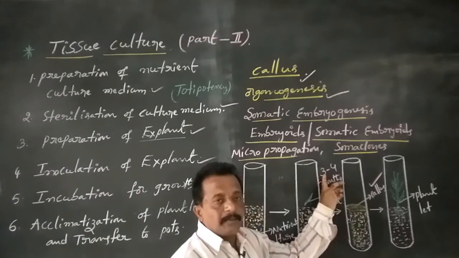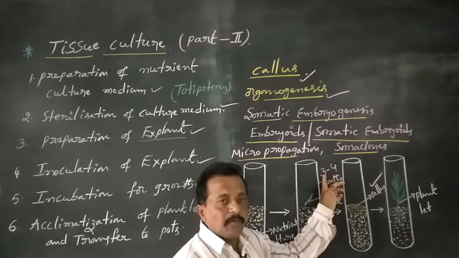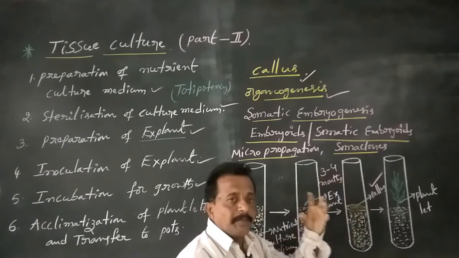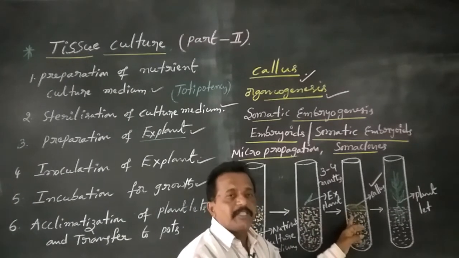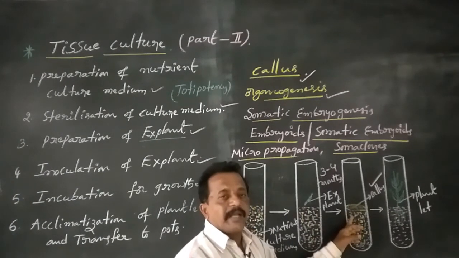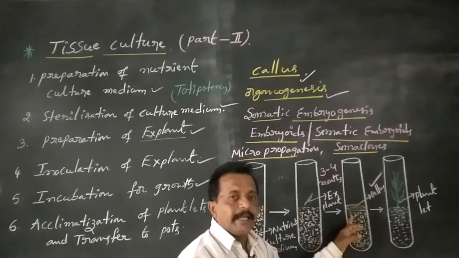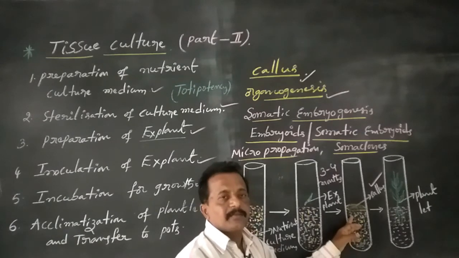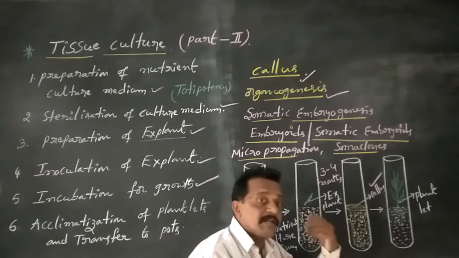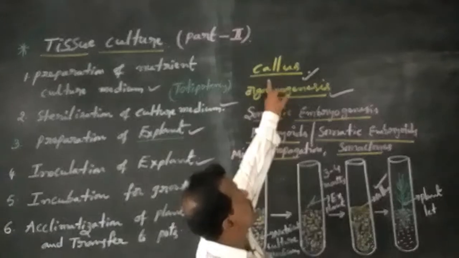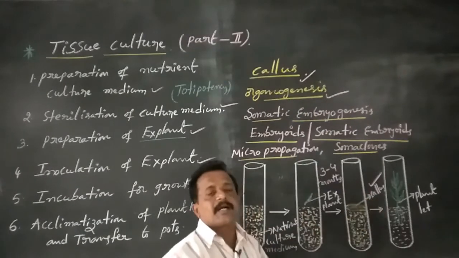Okay, now the explant in the 3 to 4 month period absorbs the nutrient culture medium of the test tube and grows, and again repeated cell divisions form an undifferentiated mass of cells, known as callus.